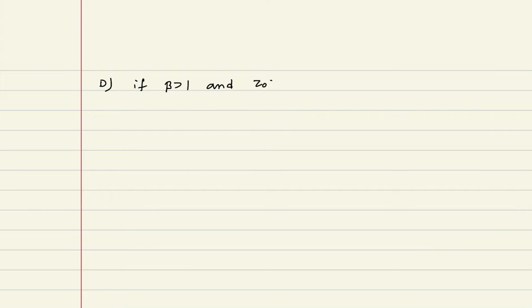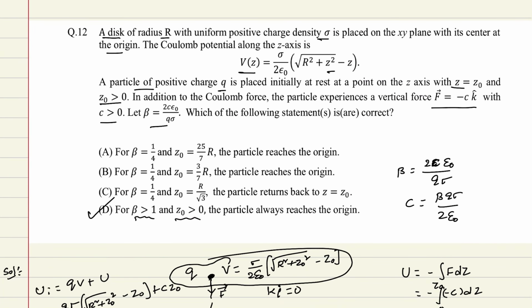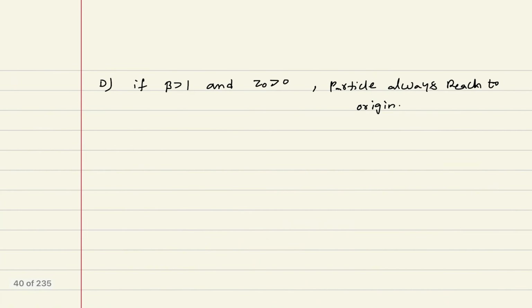So for the first option, we can see that if beta value is greater than 1 and z naught is greater than 0, in this case we can observe that the particle always reaches the origin. Okay, now this is the situation. Option D is correct. Now observe the remaining options.